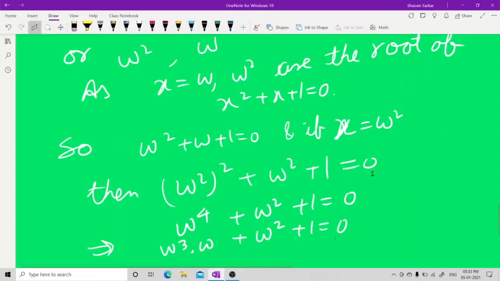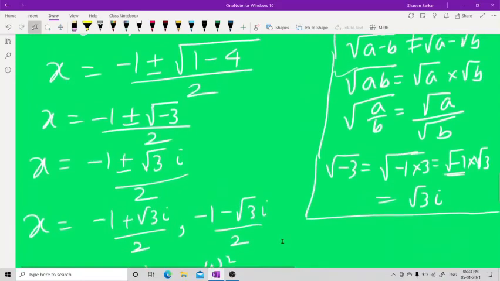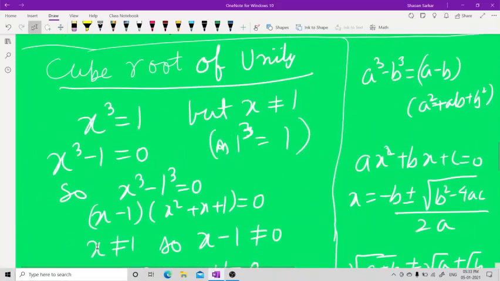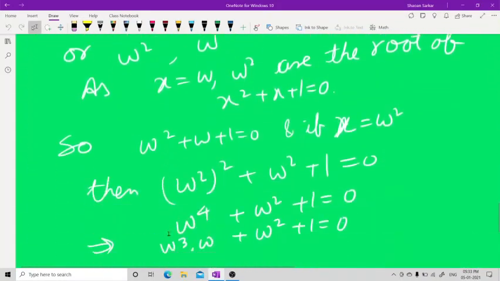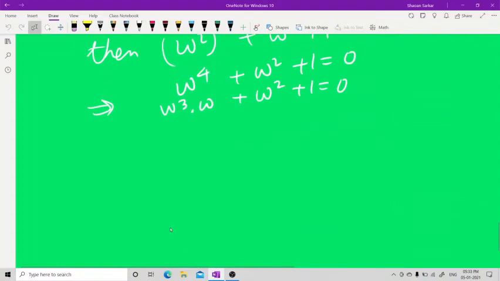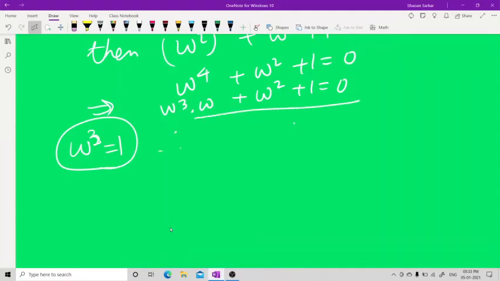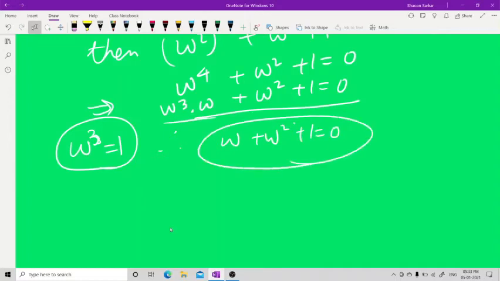I told you in the beginning that x cube is equal to 1. So now omega cube will be equal to 1. Therefore, this expression will become omega plus omega square plus 1 equal to 0. This is very important.